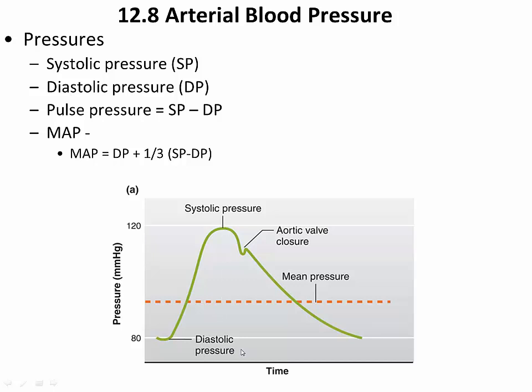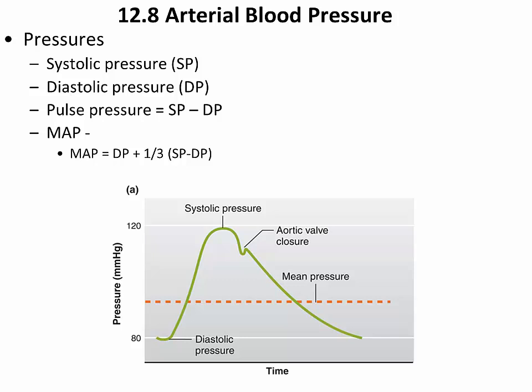We also notice this, the mean arterial pressure, MAP, is not simply halfway between the systolic and the diastolic pressure, but rather it's calculated as the diastolic pressure plus 1/3 of the pulse pressure.